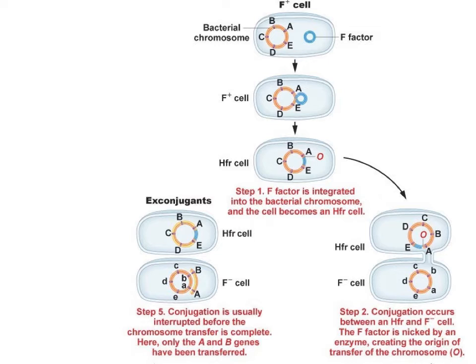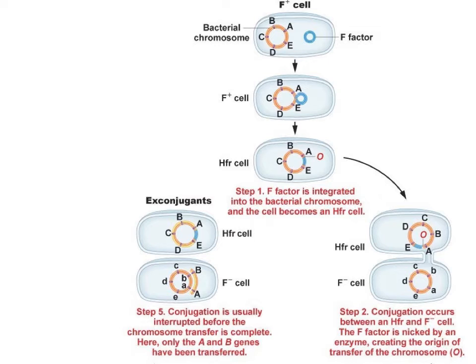But where it matters is when conjugation takes place, as you see on the bottom right, and that O representing the origin of where the F factor would normally be cut and start being pulled into the recipient cell, okay? It is that the position of that origin that is important when these two cells begin conjugating.